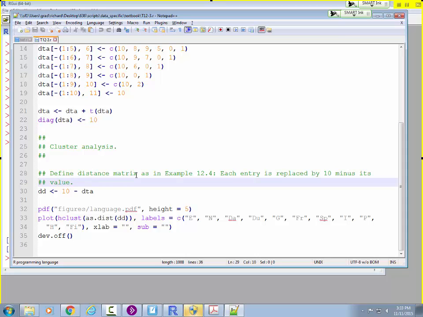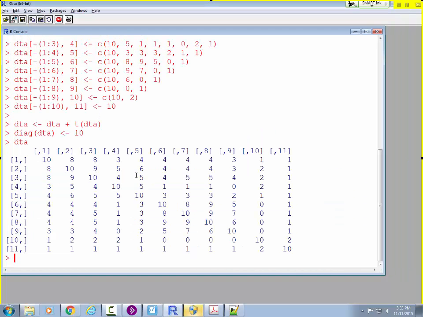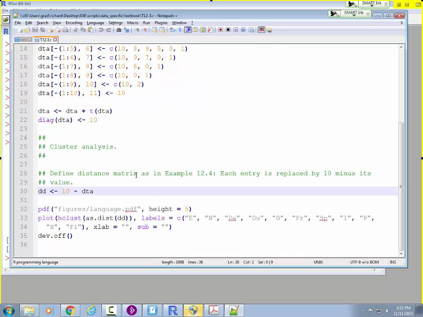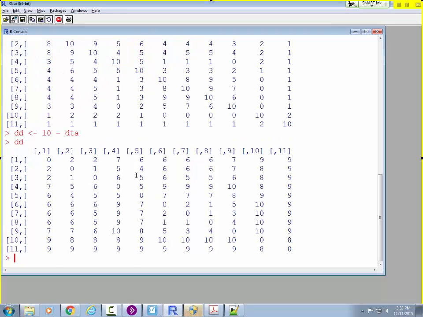In the notes, we turned those concordances into, quote, distances, and the way we did it was actually just to subtract them all from 10. So let's do that. Now the matrix is that, zeros on the diagonals, and small numbers correspond to greater concordance, greater similarity.